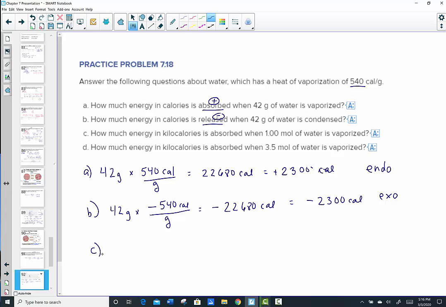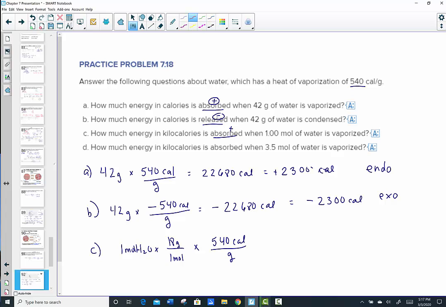Letter C, given 1 mole of water, it's absorbing, so I know it's positive. 1 mole of water, we just worked that out a moment ago with its molar mass of 18, converts to 18 grams, and then 540 calories for every gram.